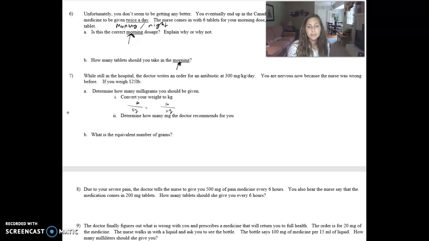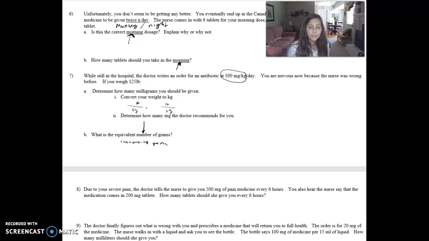Determine how many milligrams the doctor recommends for you. Well, the doctor recommends 300 milligrams for every kilogram. That's important. And then you're going to convert kilograms. So you're going to take the answer that you get in part 2, and you're going to convert that answer to a gram.